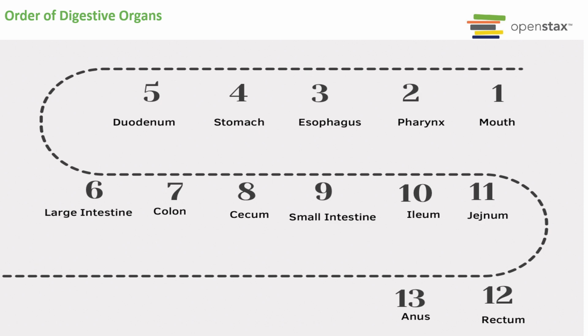Now, this next slide is a schematic diagram, really just to summarize the order of the various digestive organs along the digestive tract, starting from the mouth and making its way through the digestive tract and all the way to the anus.